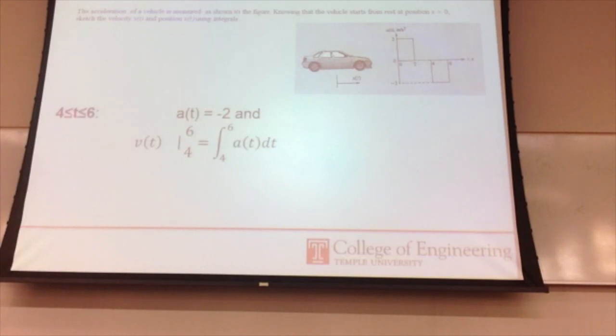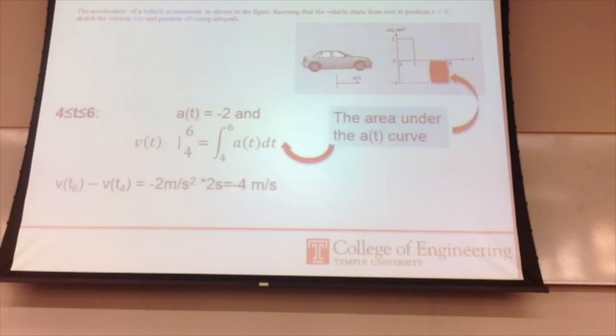So from time t equals 4 to 6, the acceleration is minus 2 meters per second squared. The integral from 4 to 6 of minus 2 dt, the area under the curve, minus 2 meters per second squared times 2 seconds is minus 4 meters per second. So the change in velocity, v at time 6 minus v at time 4, is equal to minus 4 meters per second. At time 4, the velocity was 4. So at time 6, the velocity is 0.